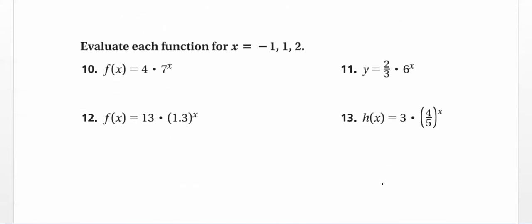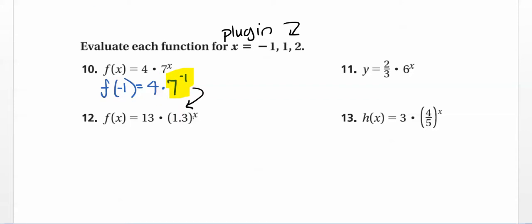Okay, evaluate each function for -1, 1, and 2. All they're asking you to do is plug in these numbers. Okay, so find f of -1. That means plug in -1. So 4 times 7, and where x is, I'm putting -1. That negative exponent means it's going to go to the denominator.